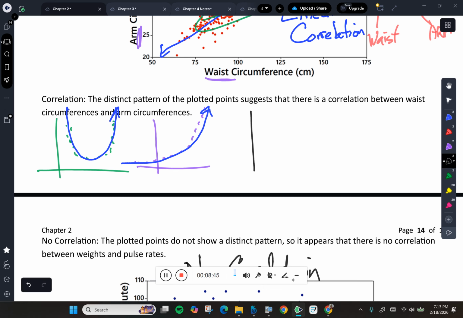Or you could have data that looks like this. Think like the tide at the beach, where it goes up and it goes down, and it goes up and it goes down. And I could find some sort of a trigonometric function that deals with angles that would model that. So there's lots of different types of correlation out there.